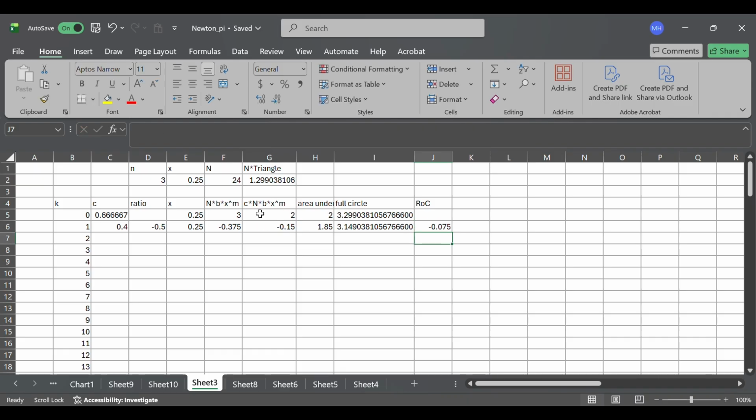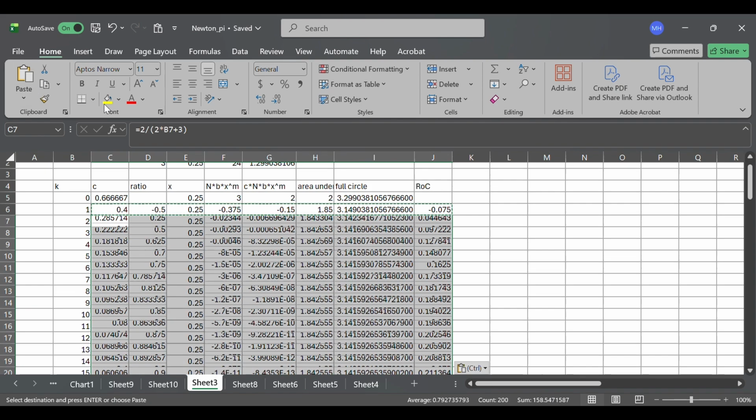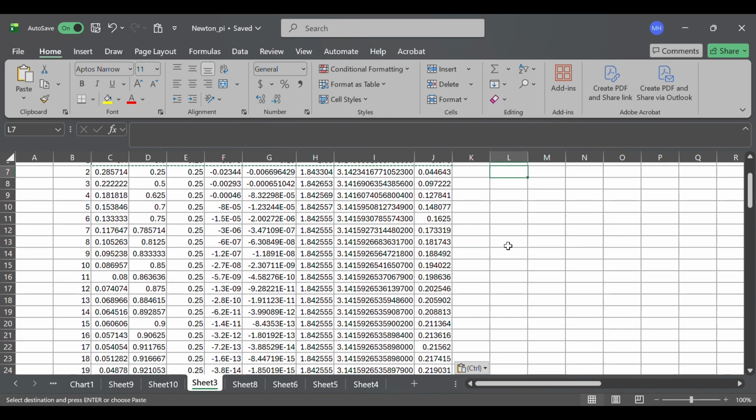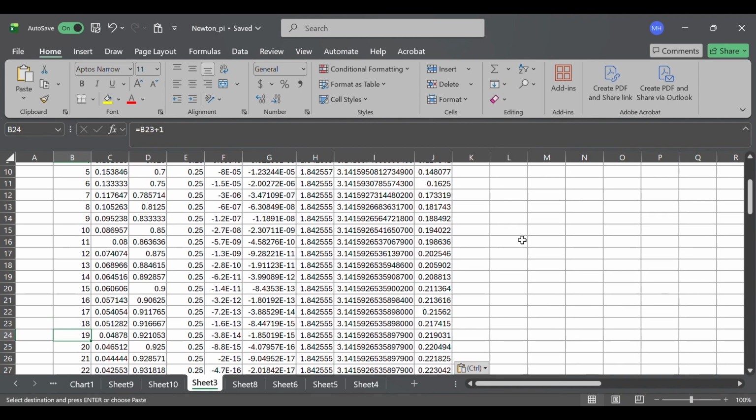The rate of convergence is the ratio of the terms. It starts off small, but it increases to something close to 0.25. Okay, the number of terms, it's 19 plus 1. 20 terms are required to get 15 digits.